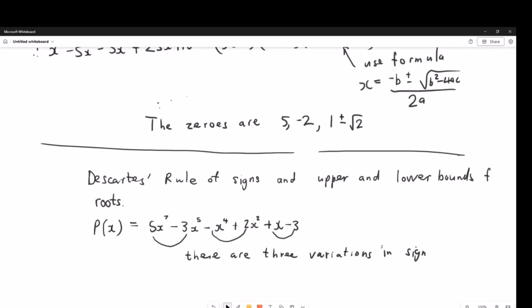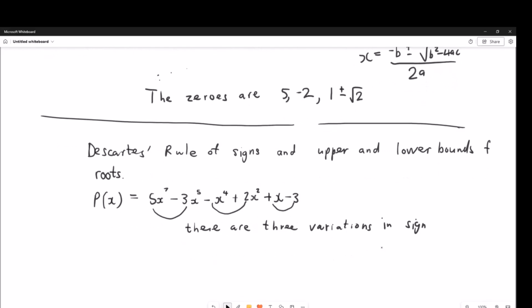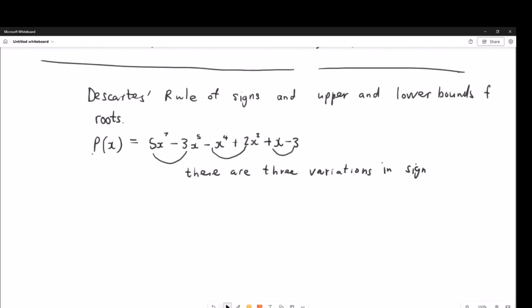Now let me state the rule properly, what it says exactly. Now we come to the actual rule, and this rule says something about the number of positive real zeros. It helps you to determine in the long run, just after this, you'll see how to determine from this the upper and lower bounds where the roots are lying.